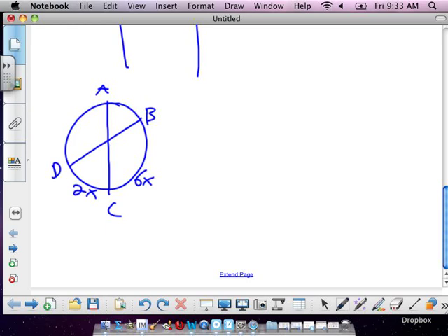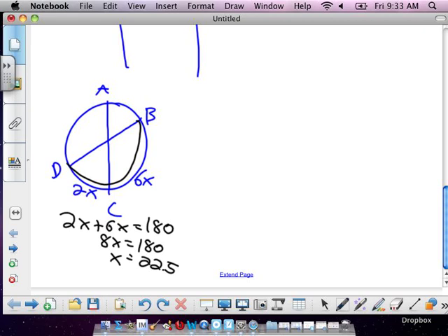What can I do? So what does this form? Add them together and set it equal to 180. 2x plus 6x equals 180. So 8x equals 180. So what does x equal? 22.5.